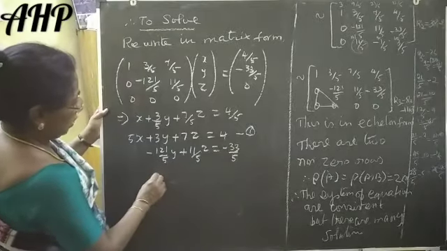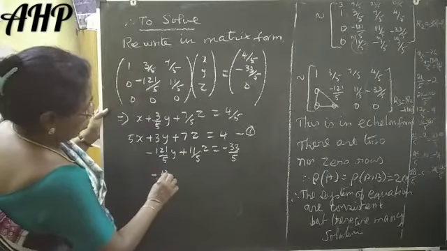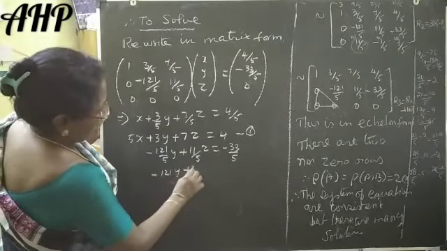Now taking LCM, you get minus 121y plus 11z is equal to minus 33. Now this is your second equation. The third equation is 0. There are only two equations. We need to solve for three variables.